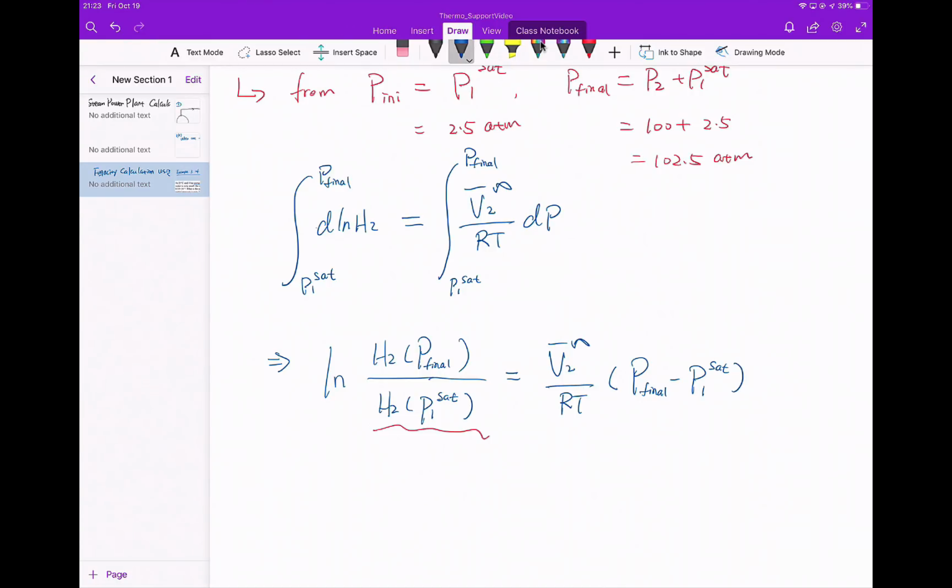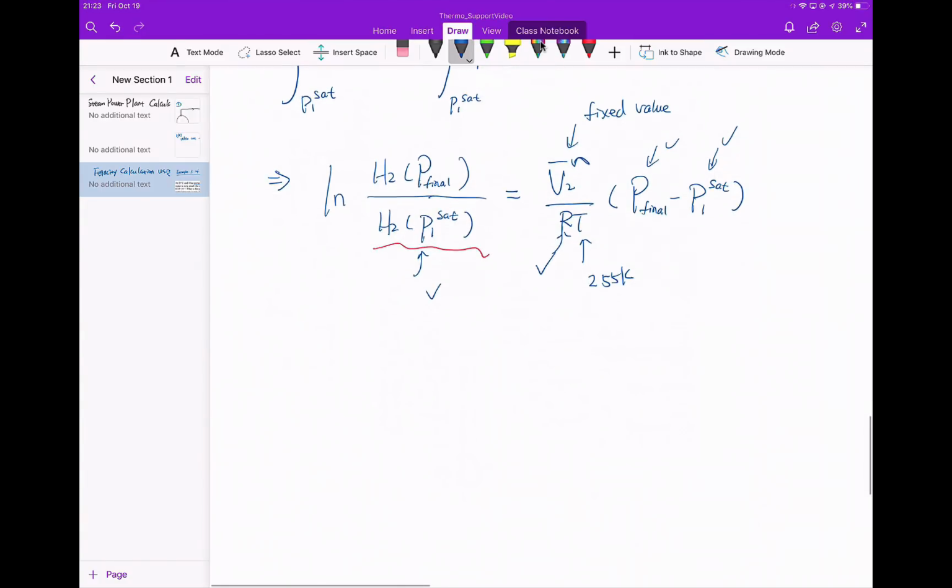This is a fixed value. The temperature is known at 255 Kelvin, also a known quantity. P final is known, P1 set is known.